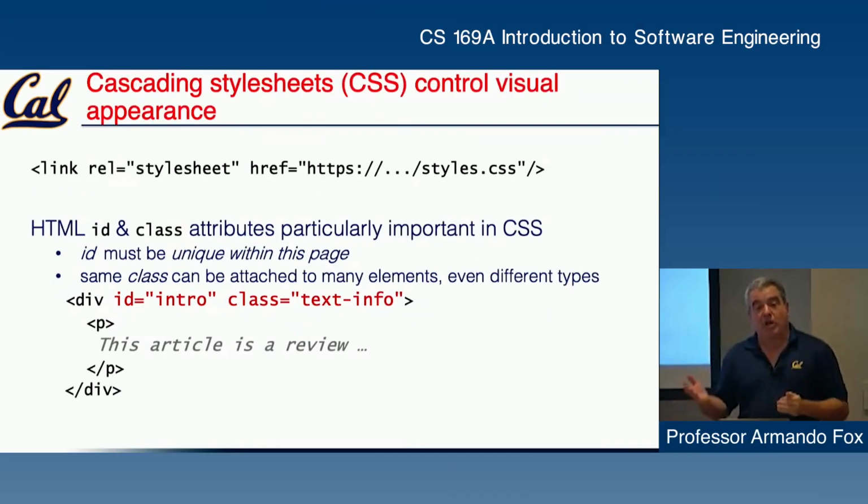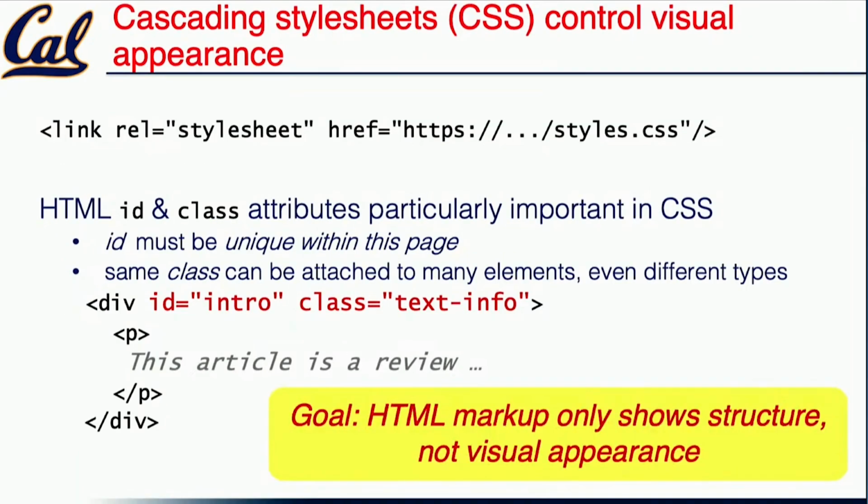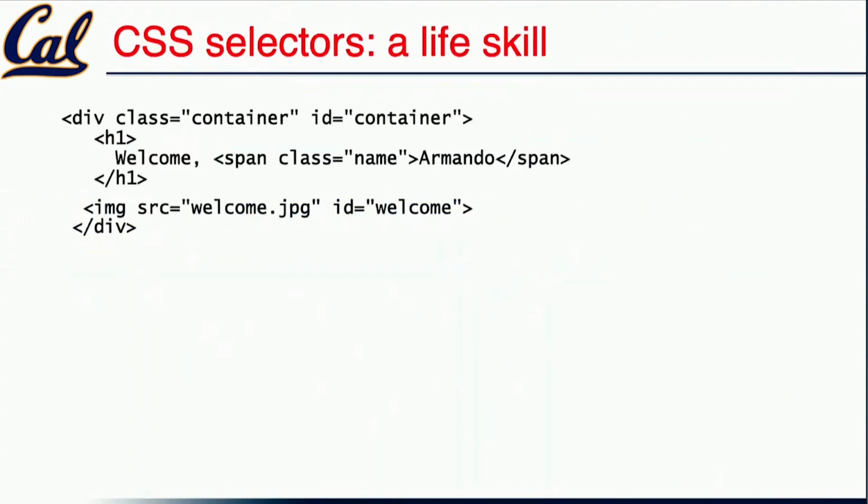And much later, when we talk about JavaScript and the different ways that JavaScript can manipulate the contents of an HTML document, the same thing will apply. The way we identify parts of the page we want to operate on can be based on things like class and ID. So the goal is that the HTML part of your page should only show the structure. Everything associated with visual styling is exclusively in CSS.